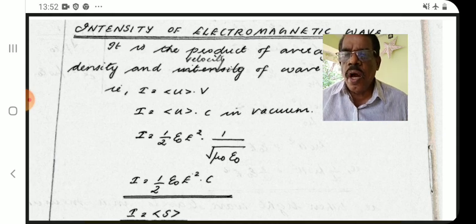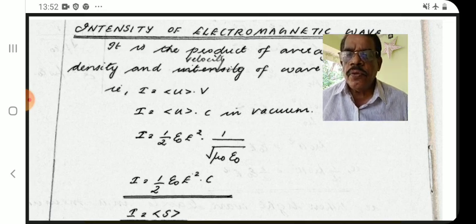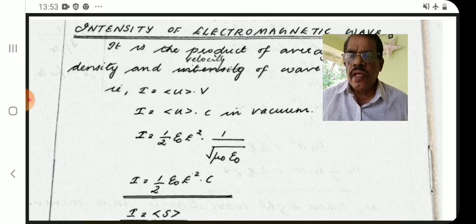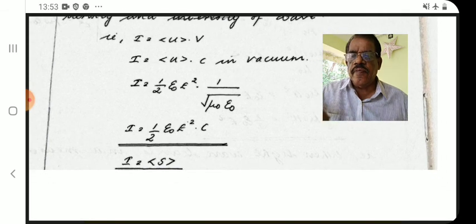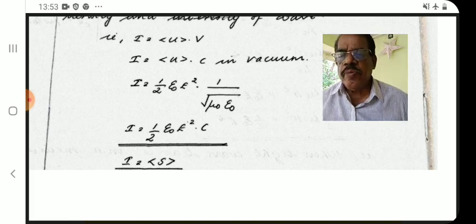The average energy is half epsilon 0 E square, so I is equal to half epsilon 0 E square C. And this can be proved to be equal to the average value of the Poynting vector.